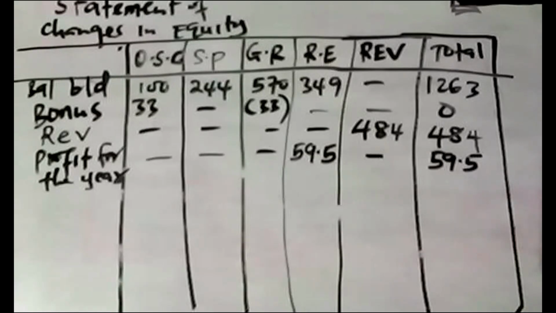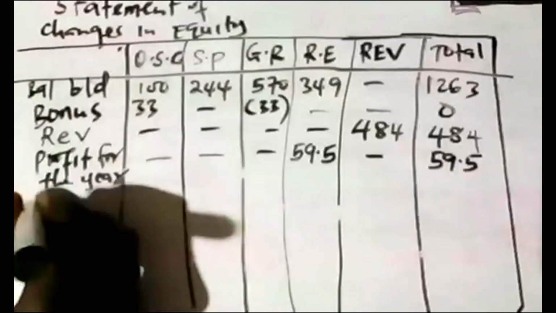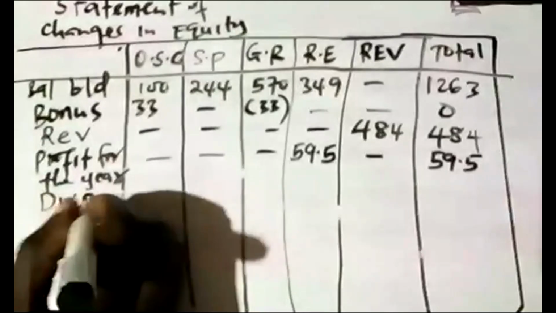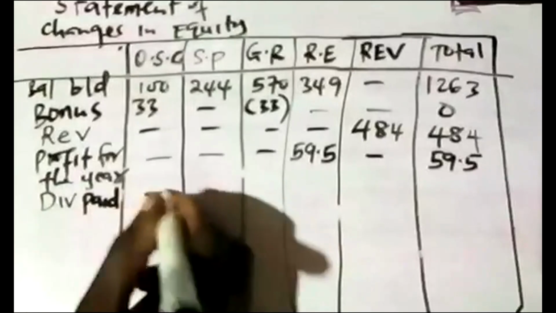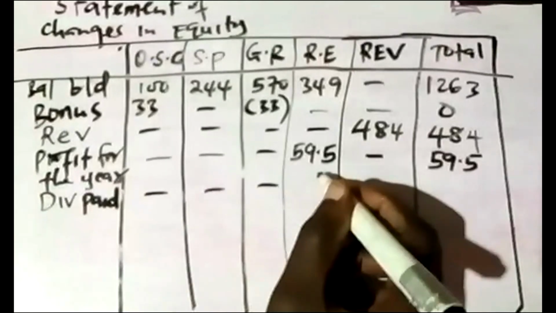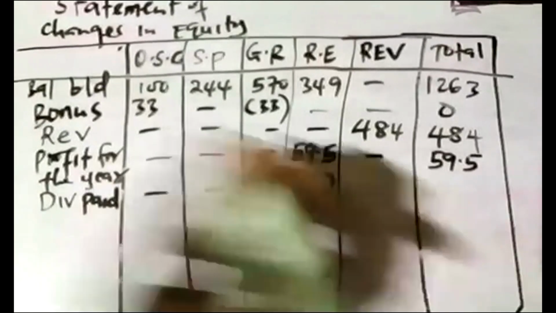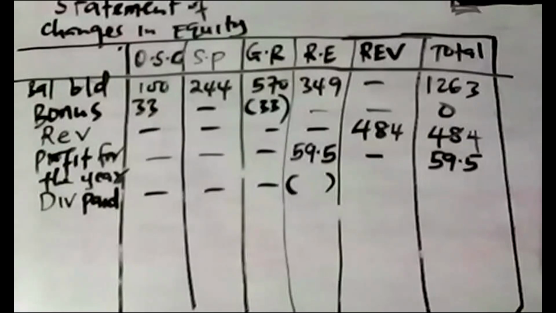Then after that, I said we record dividends. Dividends paid, remember, will be paid out of this profit. So you check from your trial balance. There's somewhere they mentioned interim dividends being paid.